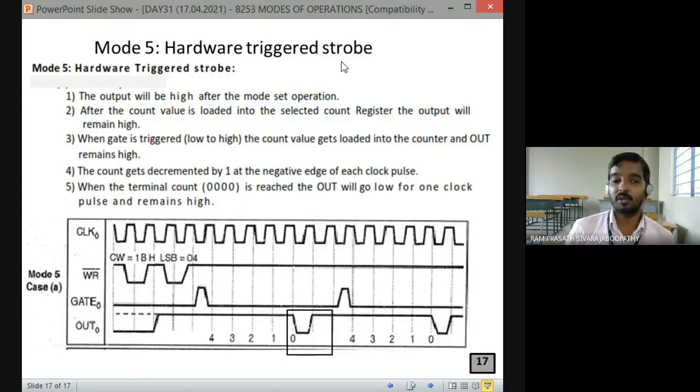In the case of mode 1, what did we see? After configuring the control word and the counter, the out pin becomes high, correct?